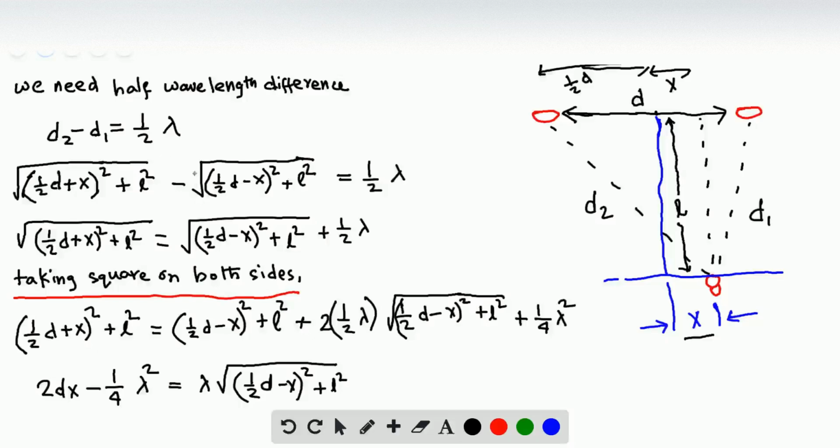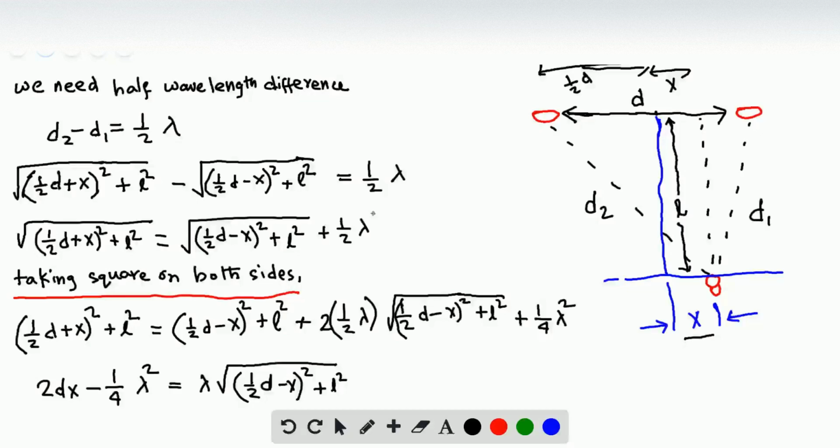So all we did was replace our d2 and d1, and then we need to square it to get rid of this square root term, and to do so we take this term to the right side, and that's how we get rid of this negative sign, so it becomes positive when it's on the right.